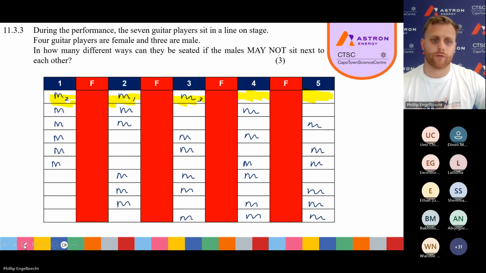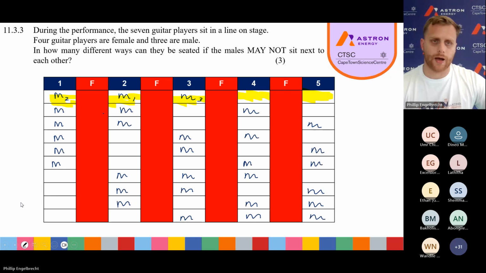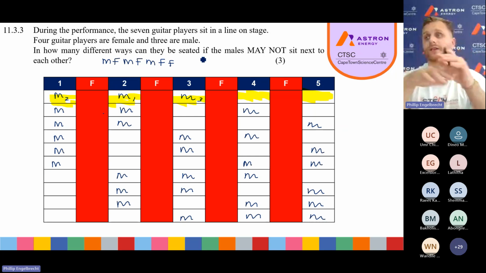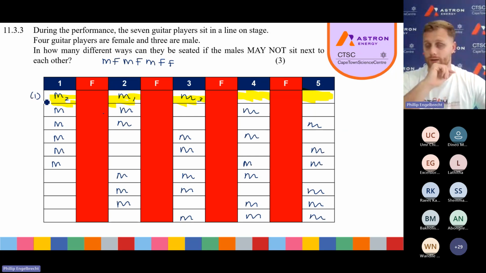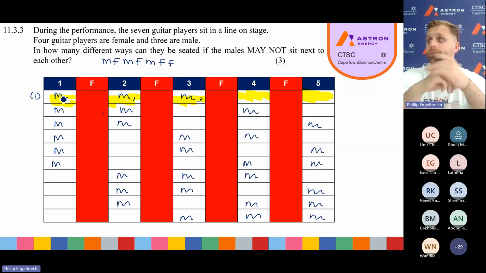So for row 1, okay, I have a male, a female, a male, a female, a male, a female, a female. Okay, so that is how the guitar players can stand on stage just for row 1. Okay, do we all understand that part? Yes or no? Yes, no, maybe.